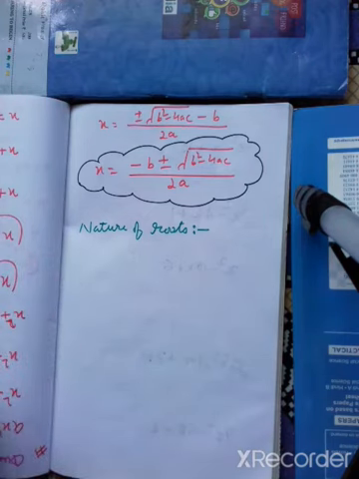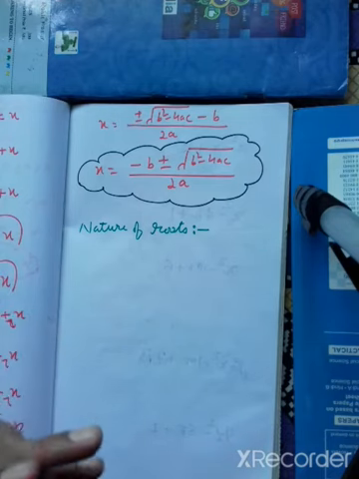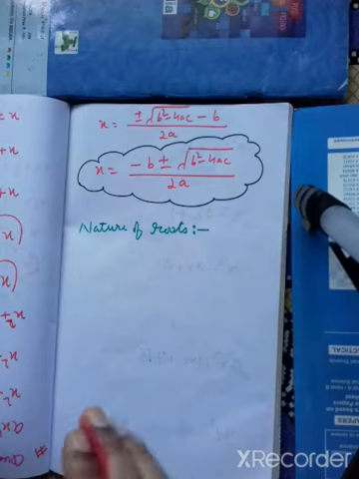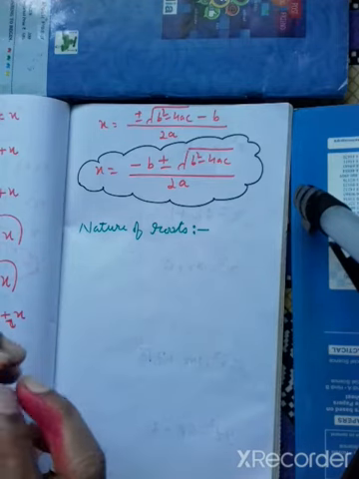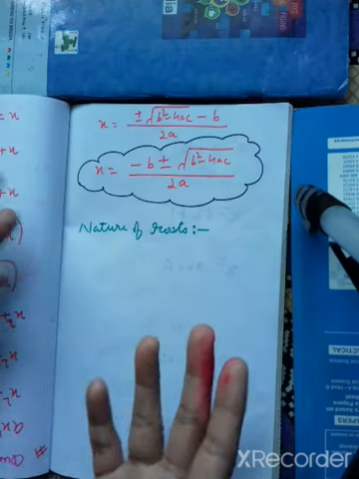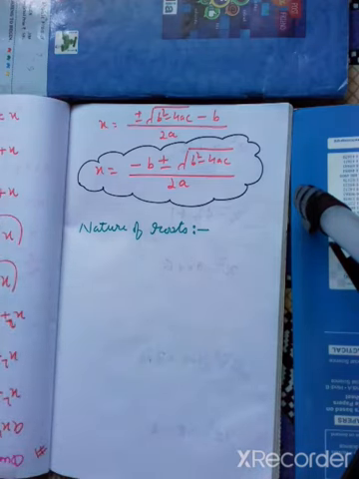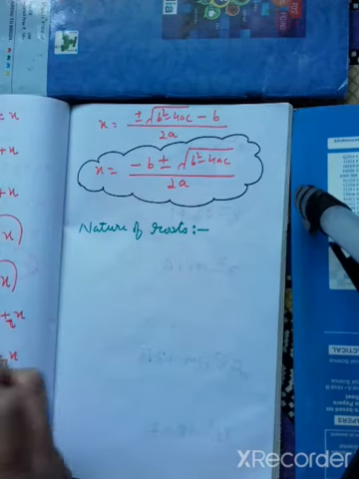So without solving a quadratic equation, we can know what type the roots will be. They will be equal or they will be different. Or is there any situation where we are not able to find the roots?